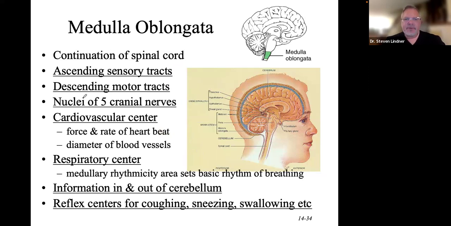Let's look at the first part of the brain stem, which is the lowest part right here, called the medulla oblongata. Okay, the medulla oblongata is a continuation of the spinal cord, but it's also a continuation of the brain, right?